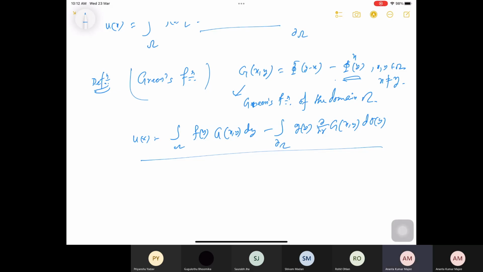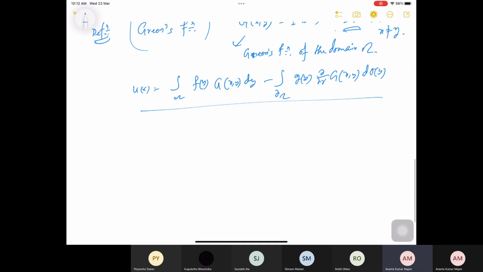So it boils down to whether we can find the Green's function for that domain omega. But what are the properties of the Green's function? It has nice properties.